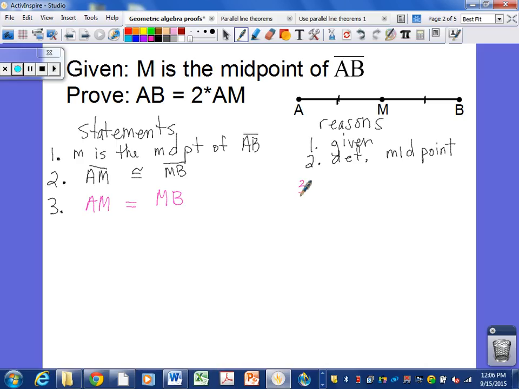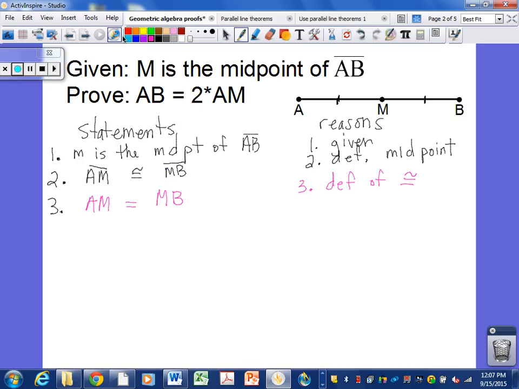Okay, and we can write that down because of the definition of congruence. Anytime you are changing from a congruent symbol to an equality symbol, or from an equals to a congruence, you are using definition. Okay? And the reason you know to do that is because you know about congruent segments, but you want to have equals in your proof. So you have to change, and this is how you change from congruence to equals.